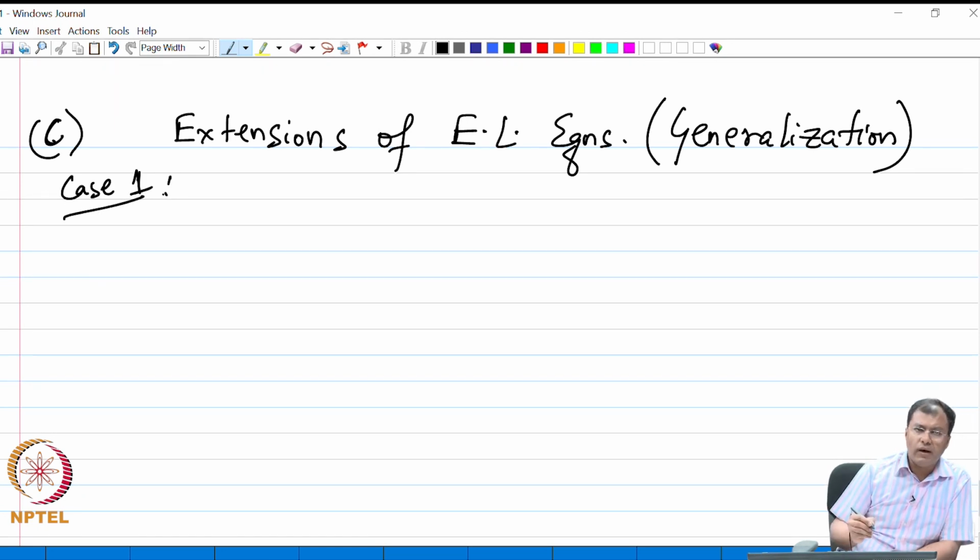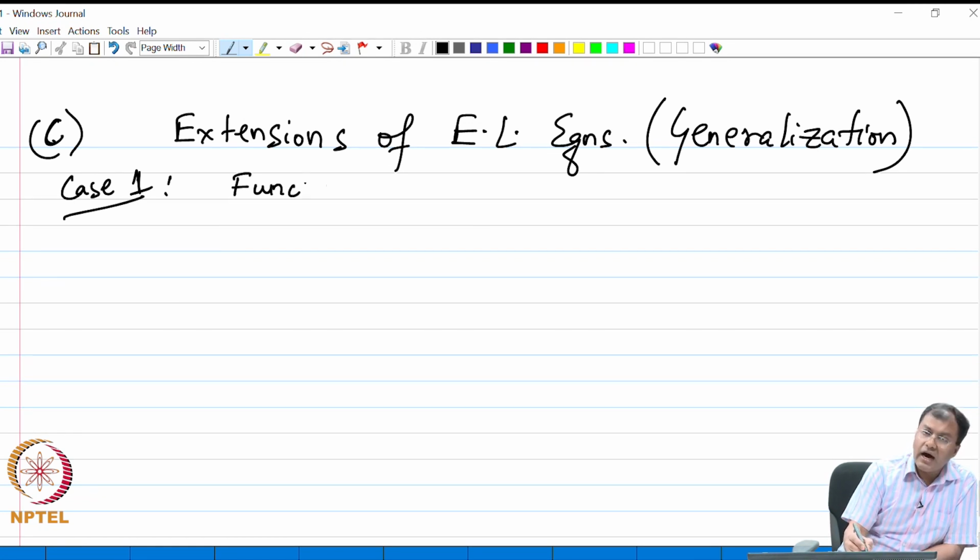Let me call this case 1. In this case we look at functionals containing higher order derivatives.